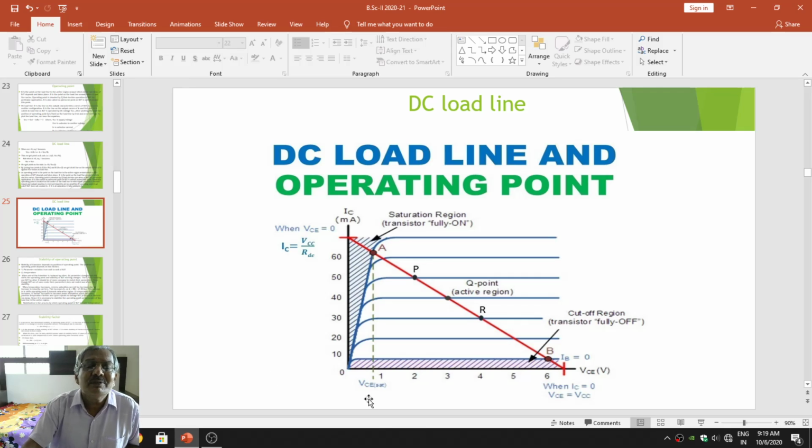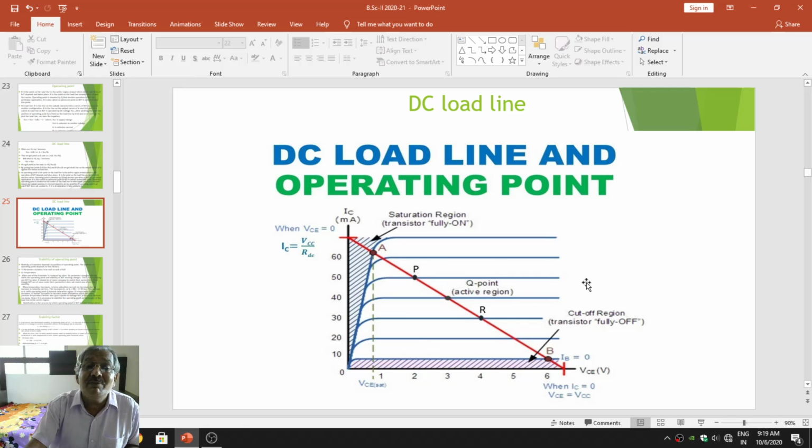Look at here, these are the output characteristic curves, which are the graph of IC versus VCE. The output characteristic curve graph is what we already plotted last year. These are the graphs for constant values of IB. For a fixed value of IB, you can plot the different output characteristic curves.